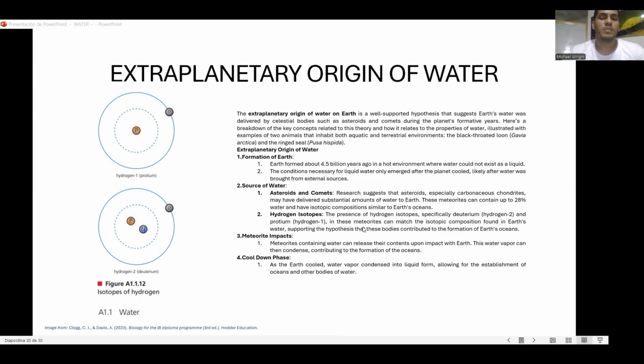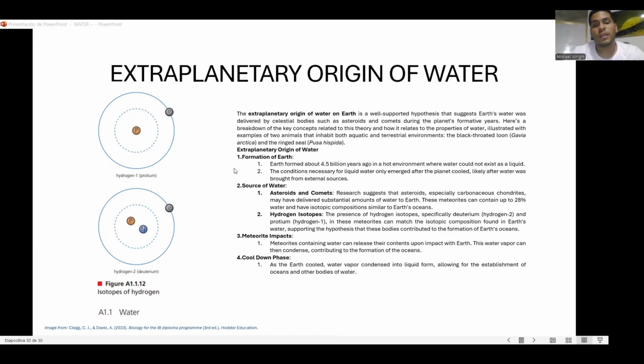And researchers suggest that asteroids, especially carbonaceous chondrites, may have delivered a substantial amount of water to our planet. And these meteorites can contain up to 28% of water and have isotopic conditions similar to the Earth's oceans.